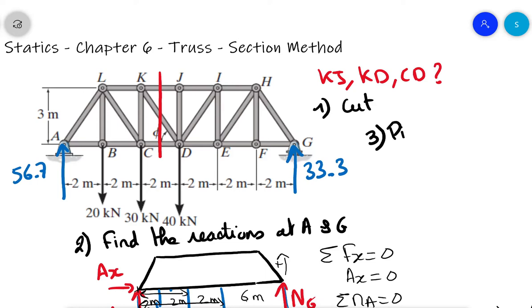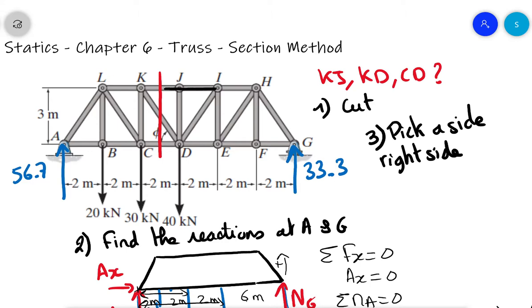Pick a side. In your lecture, it's solved with the left side, so let's do the right side. We will use the right side.